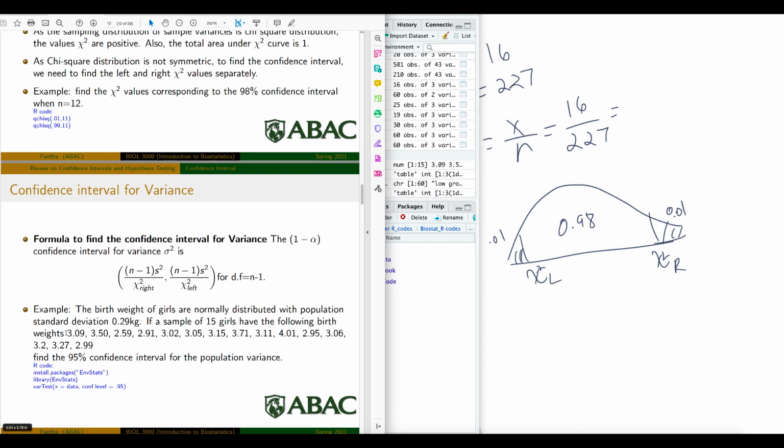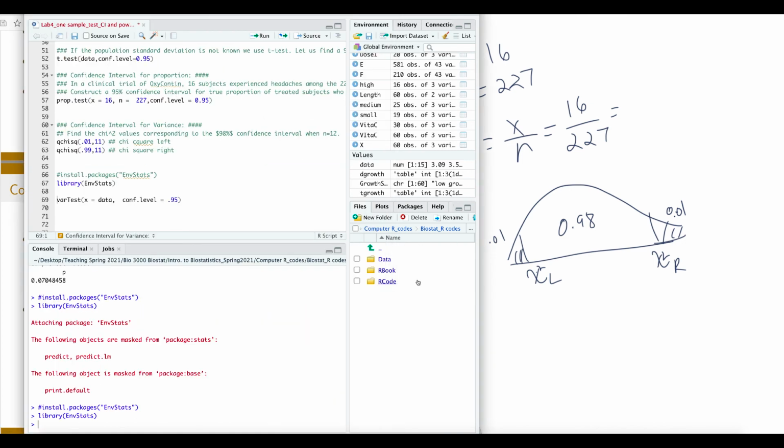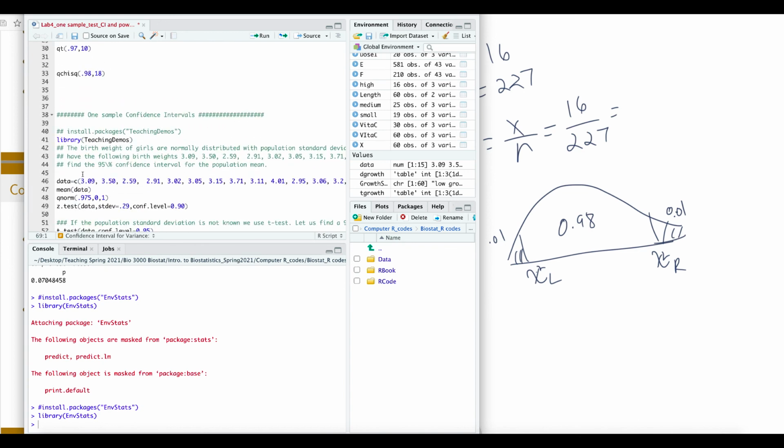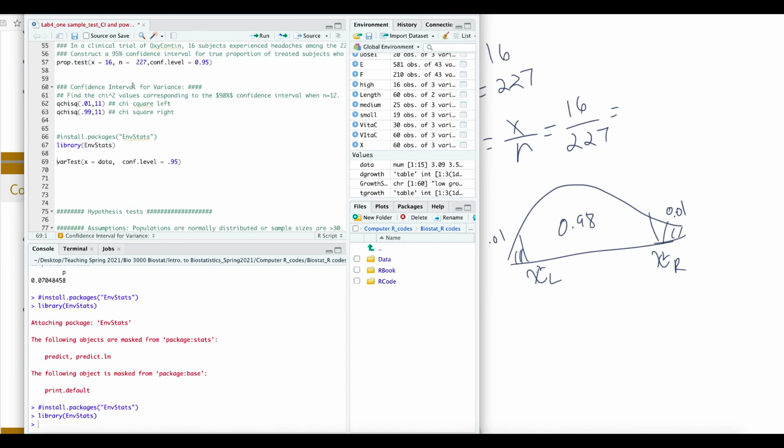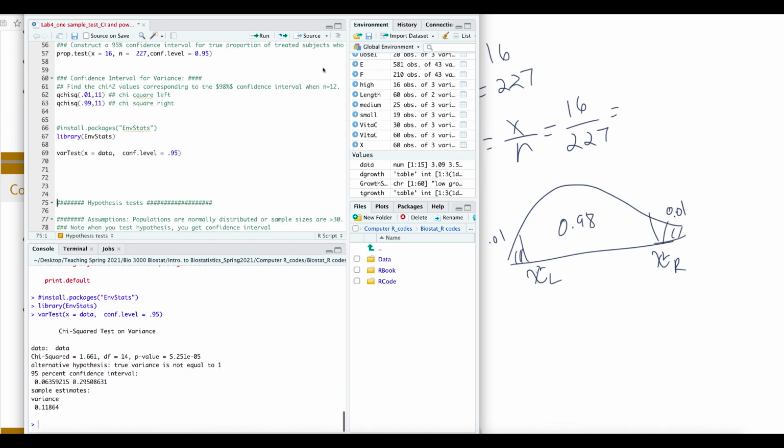I'm using exactly the same data for the birth weight of the girls. Since I have saved that as data already, it will catch that data. So varTest will give you the 95% confidence interval like this. Okay, so 0.063 through 0.295, that's the variance.